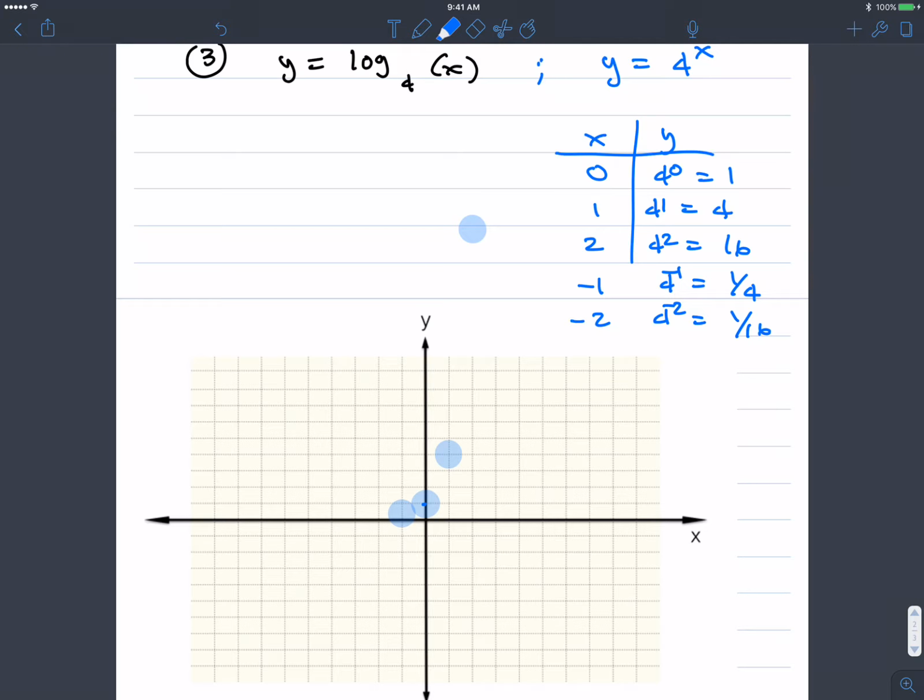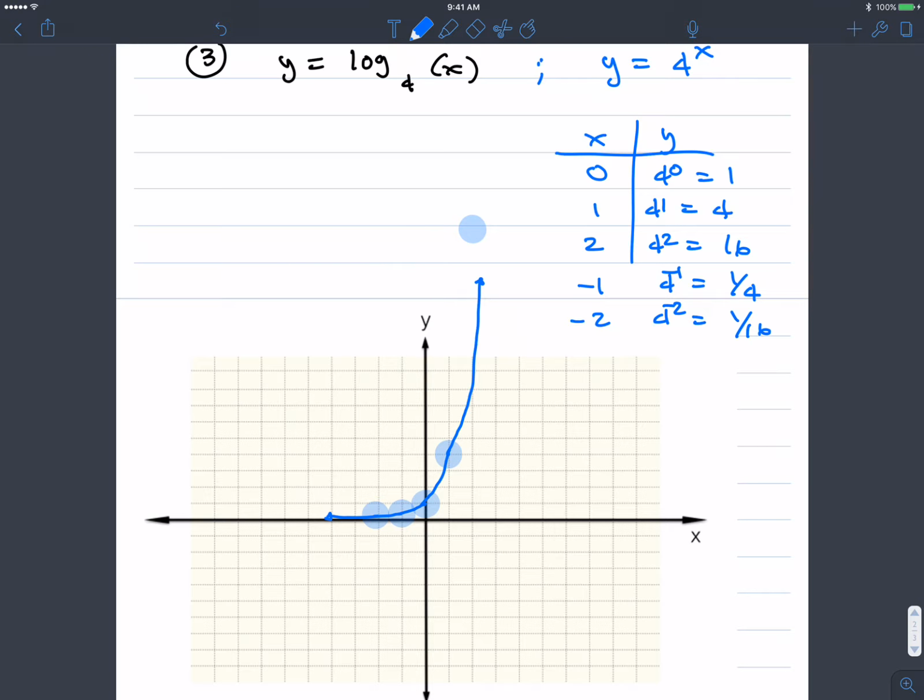When x is negative 2, we're at 1/16. If I sketch these points closely, the curve will never cross the x-axis, and we're going to get super big really fast. This is exponential growth.